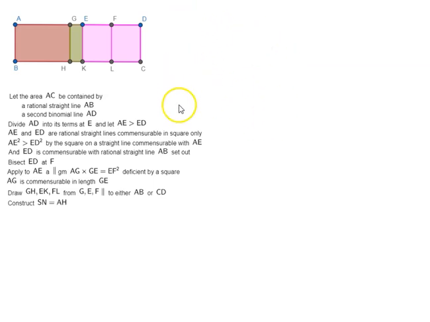Now construct SN equal to AH. So we have to construct a square which is equal to the area of AH. We have this area. Let's name those 2 points as well, M and N. Now the area of SN is equal to the area of AH. Construct NQ equal to GK such that it forms one of the vertices of this square.